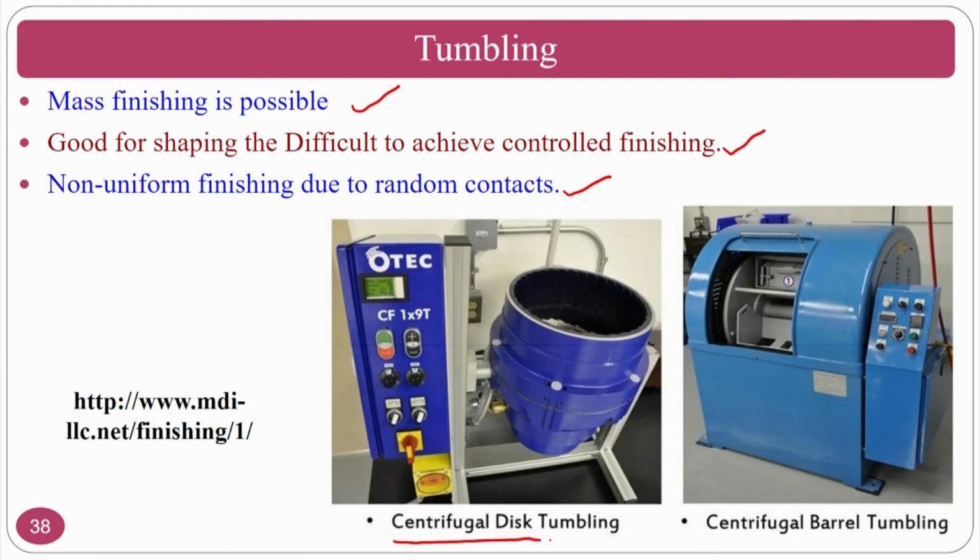Okay. So, one variety is called centrifugal disc tumbling, another one is centrifugal barrel tumbling. These are the two varieties. One goes about a vertical axis, another goes about a horizontal axis.